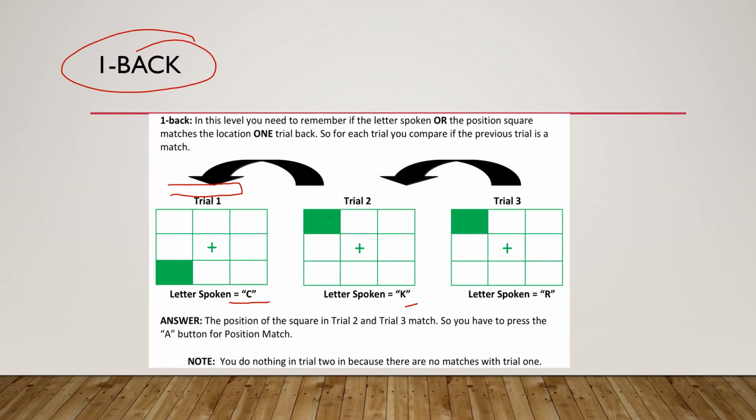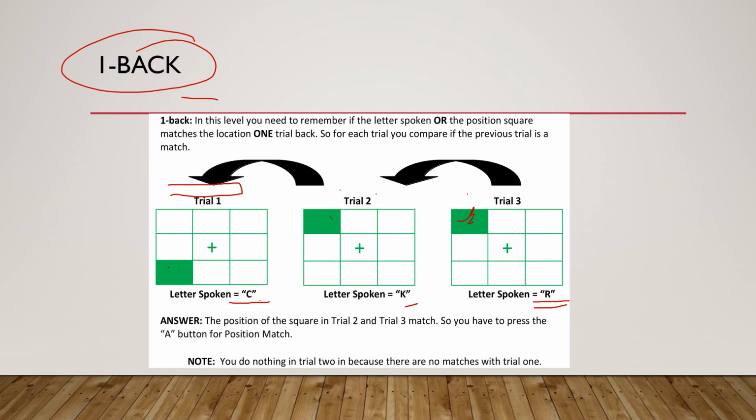So for this one, we have a change in the letter and a change in position of the green square. On trial 3, however, we have a change of letter, but the box remains the same. So for this, you would have to press A because A matches the position 1 trial back. So this is 1 trial for 1 back.